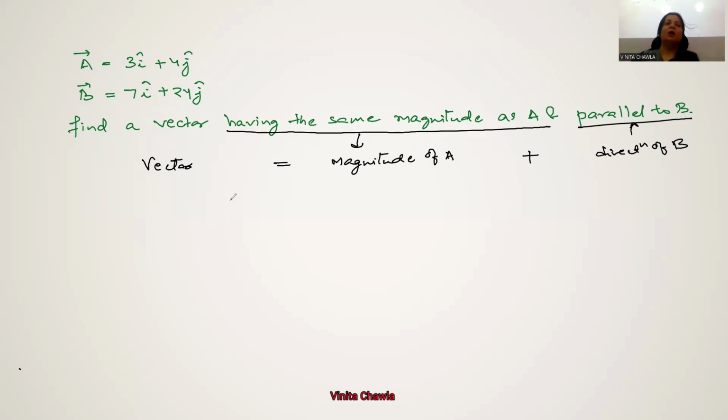Yes. Now, for this, we need to find the magnitude of vector A first. Vector A is given, we can easily find the magnitude. It's square root of 3 square plus 4 square, 9 plus 16, 25. Answer is 5. Okay. And direction is defined by the unit vector.